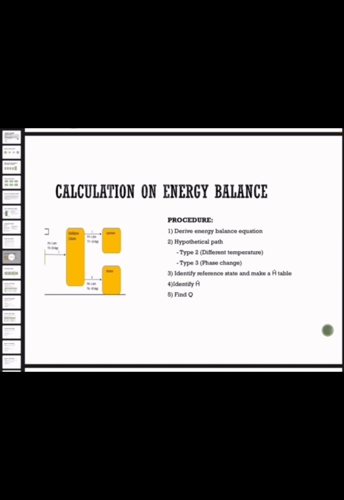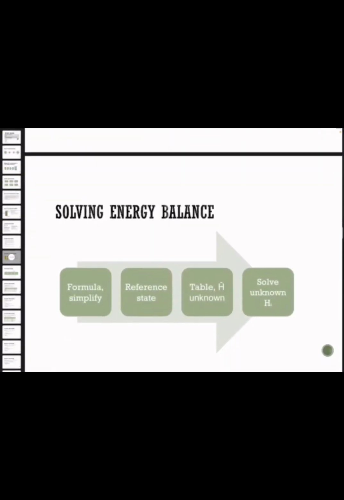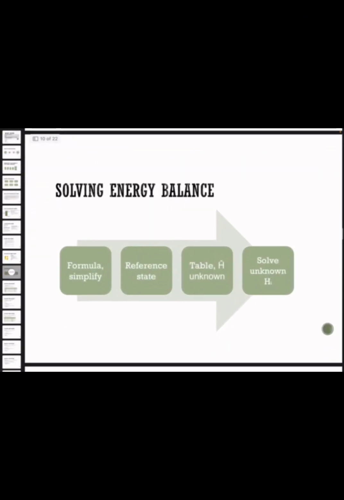Generally, there are two types in solving the energy balance using a hypothetical path: the first one is type 2, different temperature, and type 3, phase change. To solve the energy balance, simplify the formula, state the reference state, create a table, and solve the unknown.